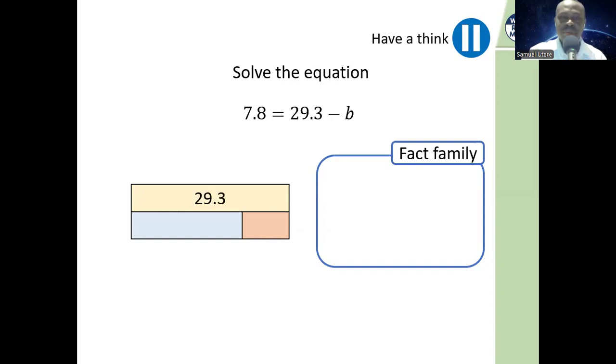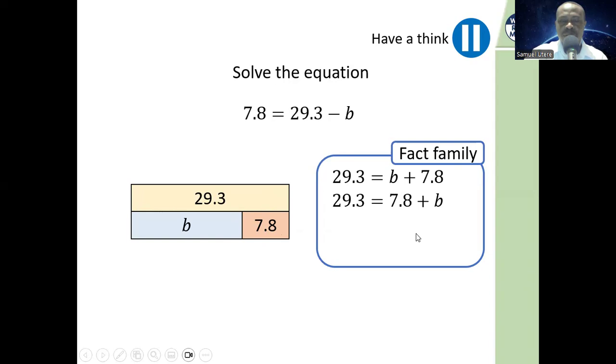Of course, it's going to be the big bar. And so one of these bars will be B and the other one will be 7.8. And then the fact families are these. This is the most basic one: 29.3, the big bar, is equal to these two bars added. And then we can do the commutative one, which is swapping the 7.8 and the B around, which looks like this.